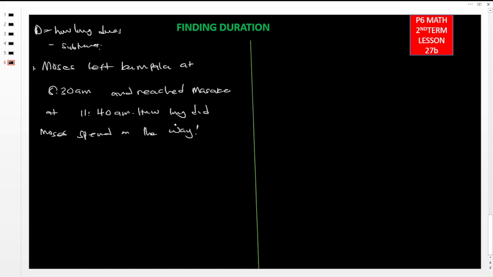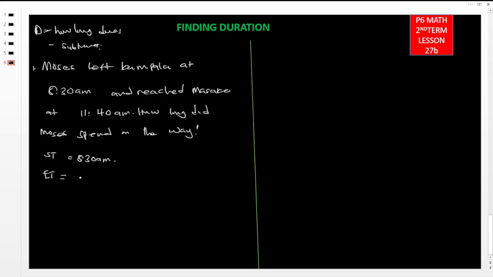Now when you look at this one, we are going to get a simple formula. When you look at what is given, one, they have given us the time Moses started to move, that is the starting time, and he started at 8:30 a.m. Now they have given us the time he reached, that is the reaching time or arrival time.